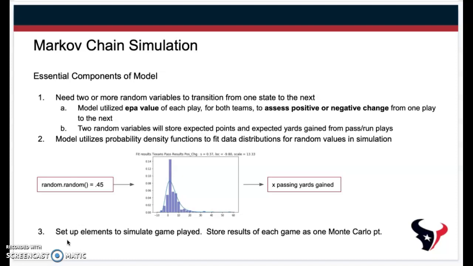And then from there, we would start the Markov chain process and start looking at predicting expected yards gained, whether through the pass or the run, and then observing positive or negative changes and using those random variables to predict, given X number of plays, this is how many yards will be gained on this offensive drive. And over a designated number of offensive drives, you would have an outcome score for each team in the simulation.